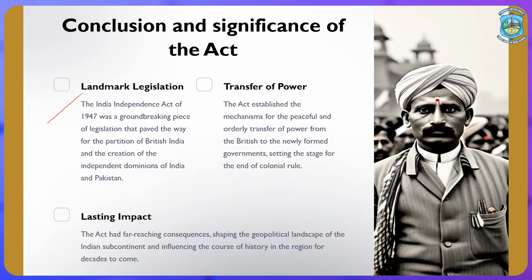The Indian Independence Act of 1947 was a groundbreaking piece of legislation that paved the way for the partition of British India and the creation of independent dominions of India and Pakistan. The Act also established the mechanism for the peaceful and orderly transfer of power from the British to the newly formed governments. It also had a lasting impact. It had far-reaching consequences, shaping the geopolitical landscape of the Indian subcontinent and influencing the course of history in the region for decades to come.